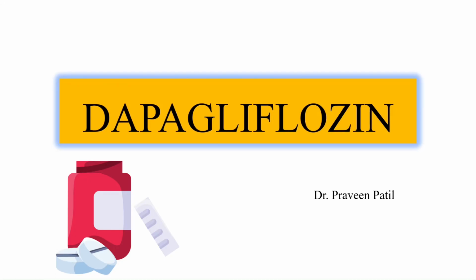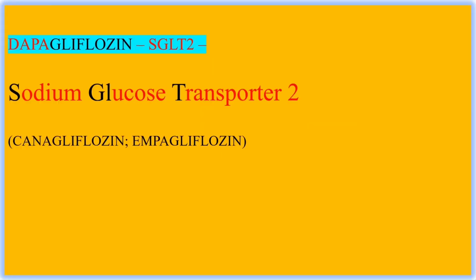Dapagliflozin is an antidiabetic drug used to treat type 2 diabetes. Dapagliflozin is an SGLT2 inhibitor. A protein called sodium glucose transporter 2, which is present in the kidney, is inhibited by the dapagliflozin drug.